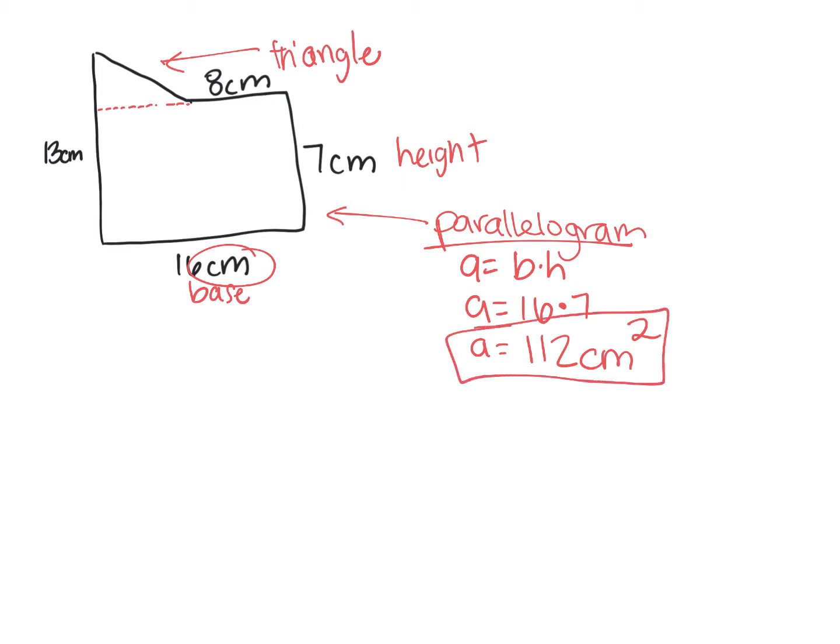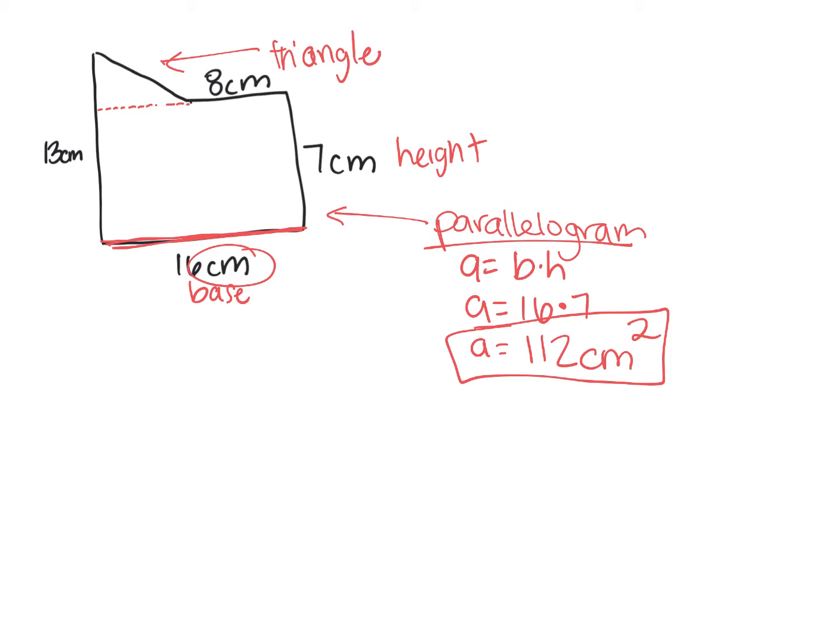But what I haven't done yet is find the area of the triangle. I'm breaking this up into two separate shapes so that when I'm finished with both math problems, I just add them together and then I can find the area of the entire polygon. So check this out. My base down here at the bottom was 16. Now I don't know yet what the base of my triangle is, my red dashed line.